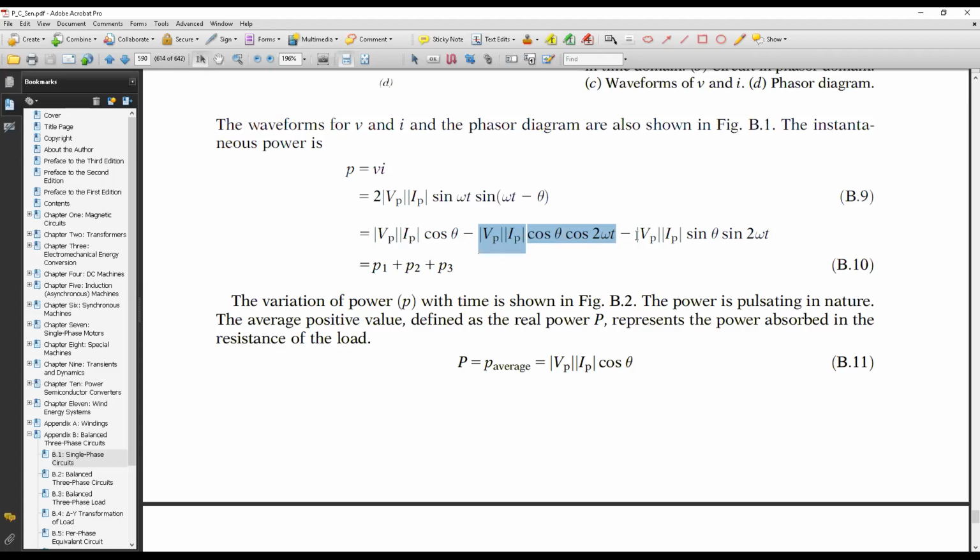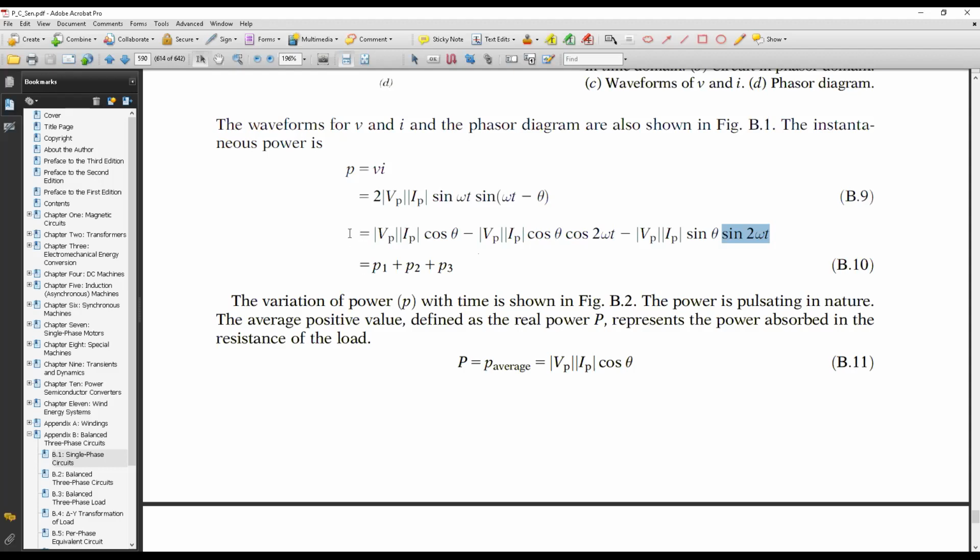Also, the third part is a function of sine theta. So it's not related to active power anymore, because cosine theta is related to active power, and sine theta is related to the other part of power, which is reactive power. It's also a function of sine 2 omega t, so the integration of this part will also be 0. Take care, this is an instantaneous function of t, or omega t.